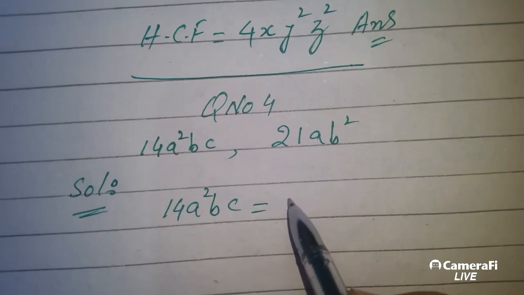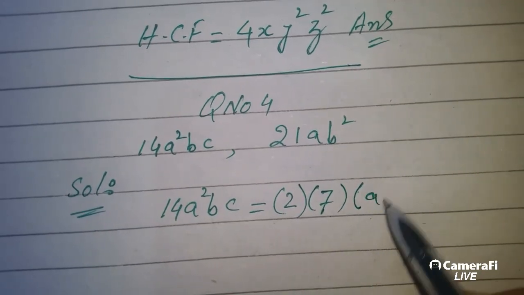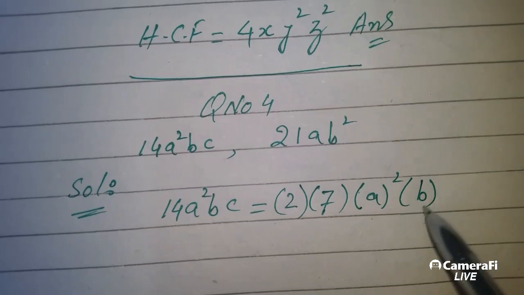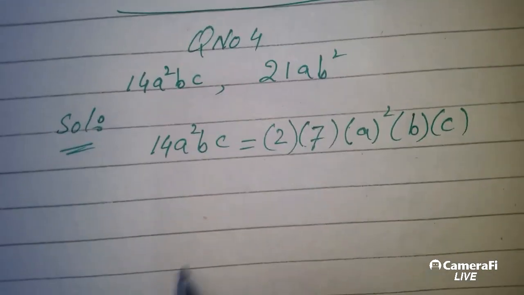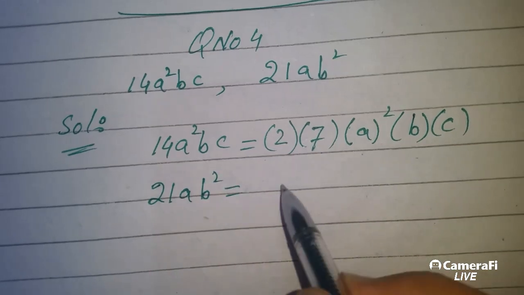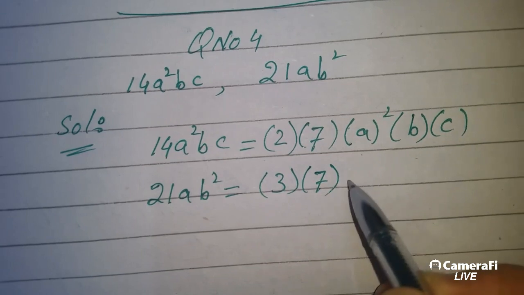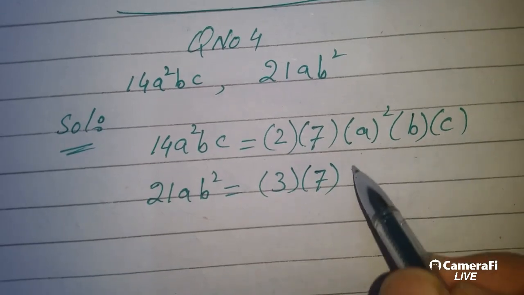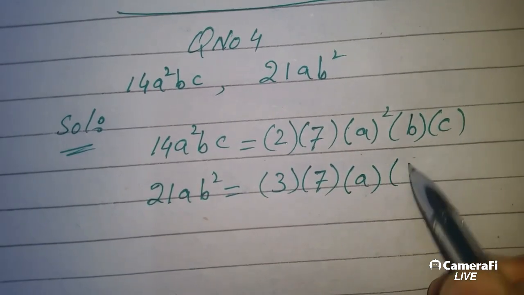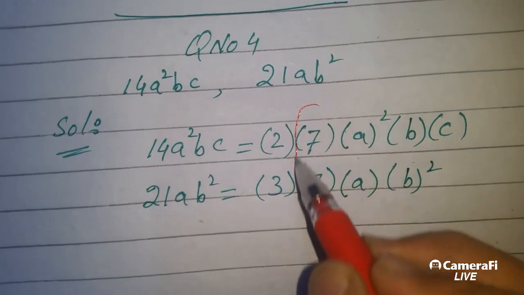Fourteen can be written as 2 7s are 14, then we have a raised to power 2, b and c. For 21ab square, 3 7s are 21, then I have a and b raised to power 2. So here we can see that 7 is a common factor.